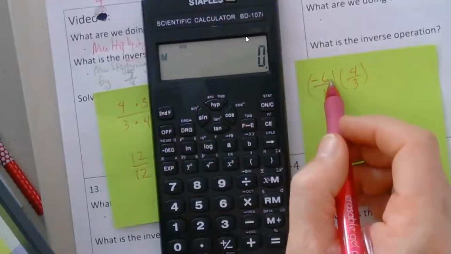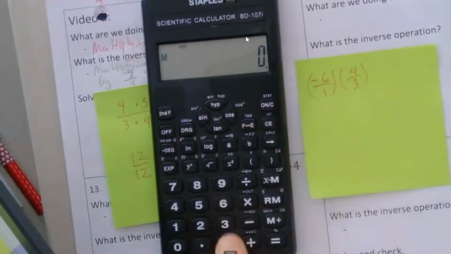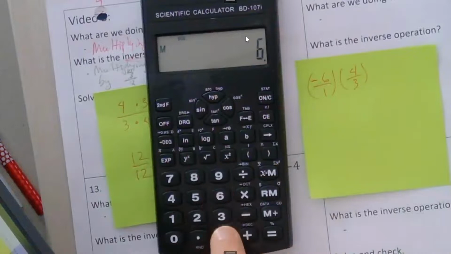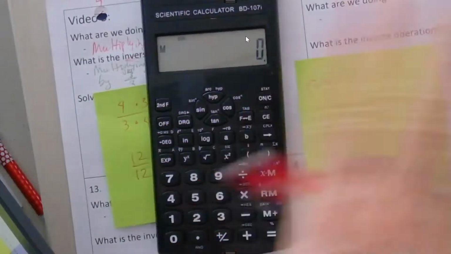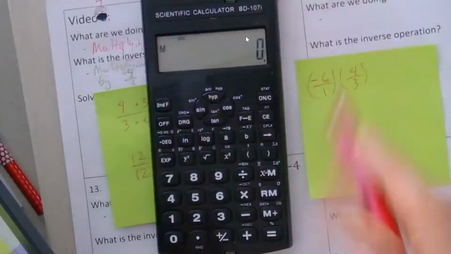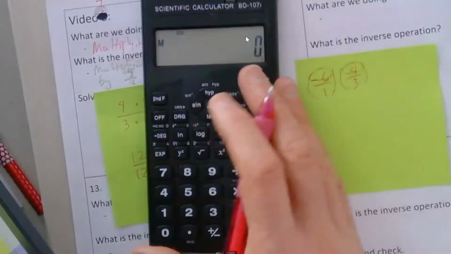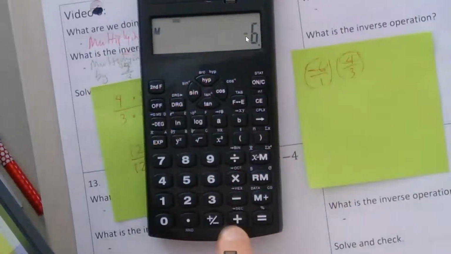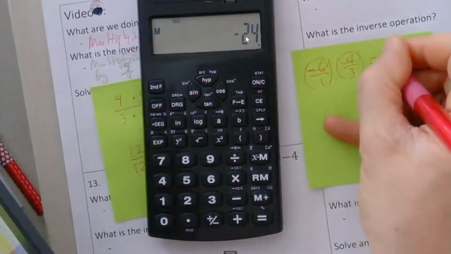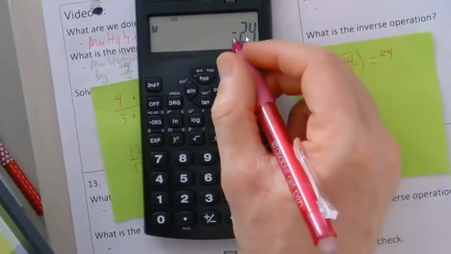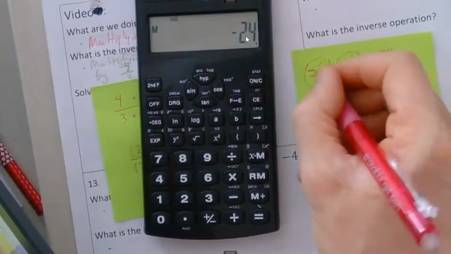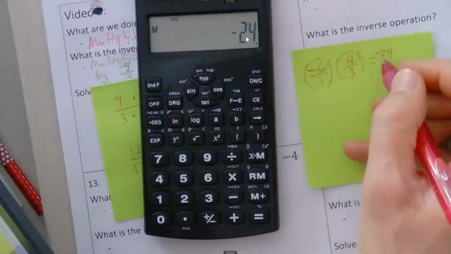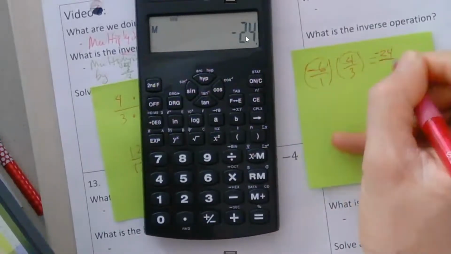Okay, so -6 times 4. -24. Because negative times positive, one negative in the multiplication gives you a negative answer.